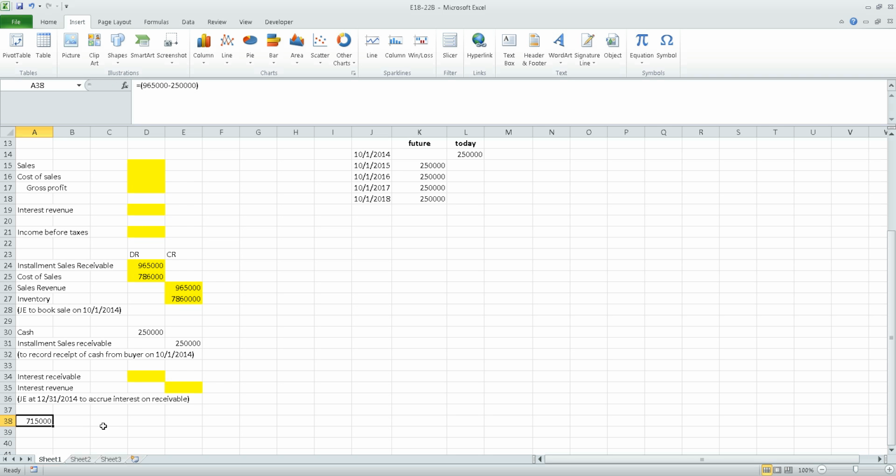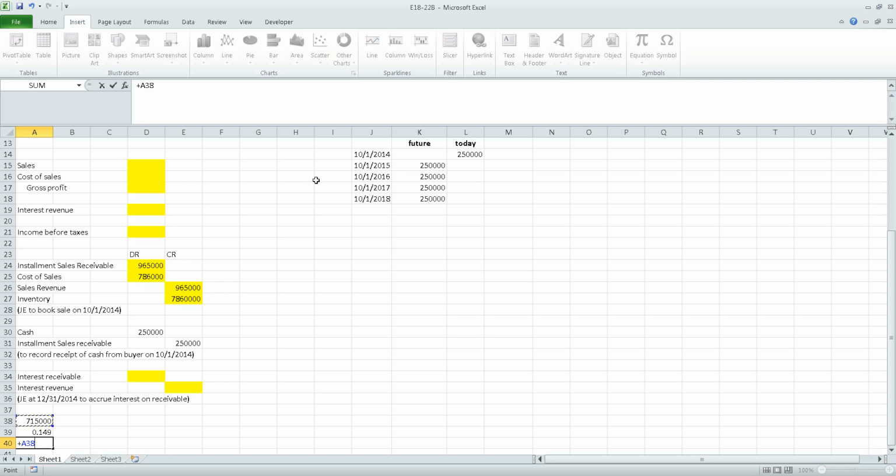That gives us our carrying amount of the note at the beginning of the interest accrual period. And then we need to multiply that $715,000 times the interest rate. The facts of the problem tell us to use an interest rate of 14.9%.